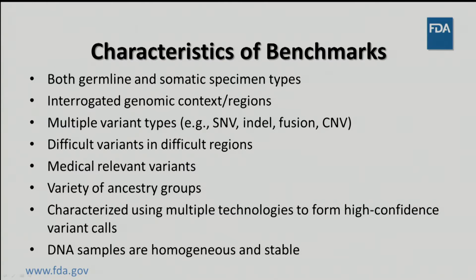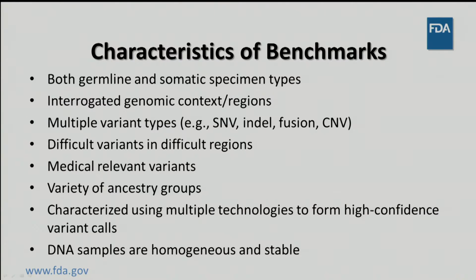First, we want different specimen types to all be available in benchmarks. Then it's important to represent different genome contexts or regions. We like to see different variant types included in the benchmark, such as single nucleotide variants, small indels, fusions, and copy number variations.